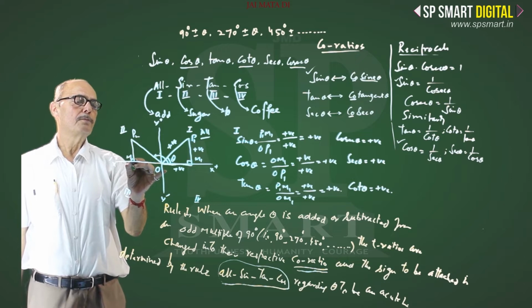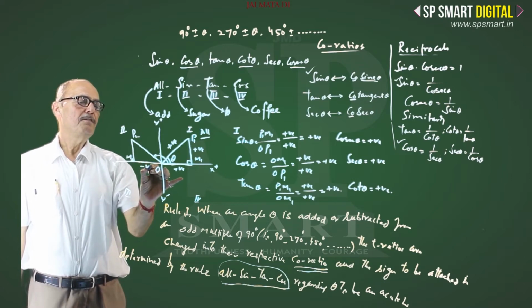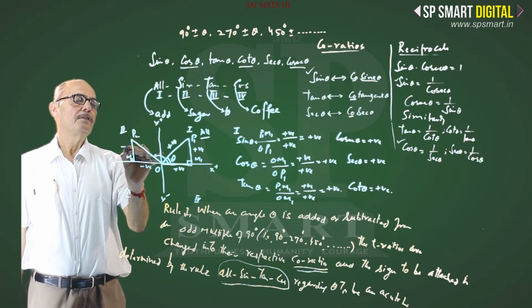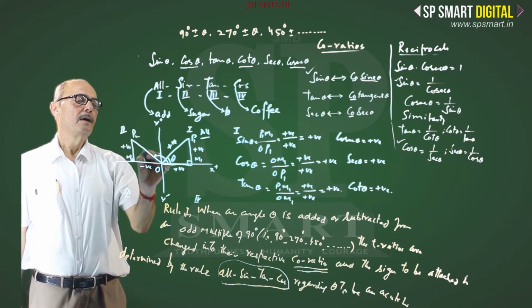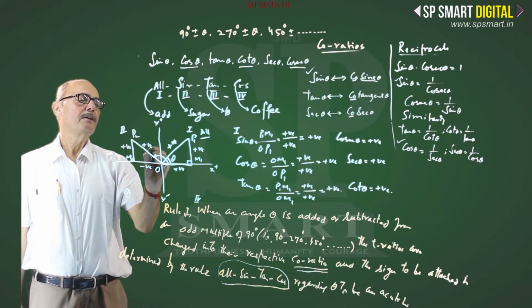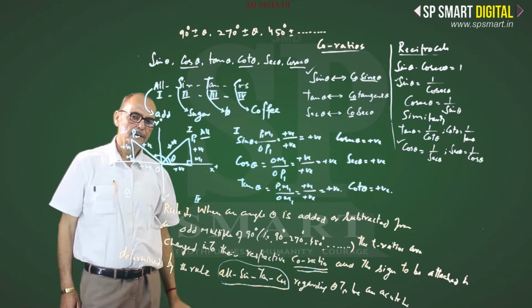OM2, this is M2, is negative, this is positive, and this is always to be regarded positive, this revolving line.